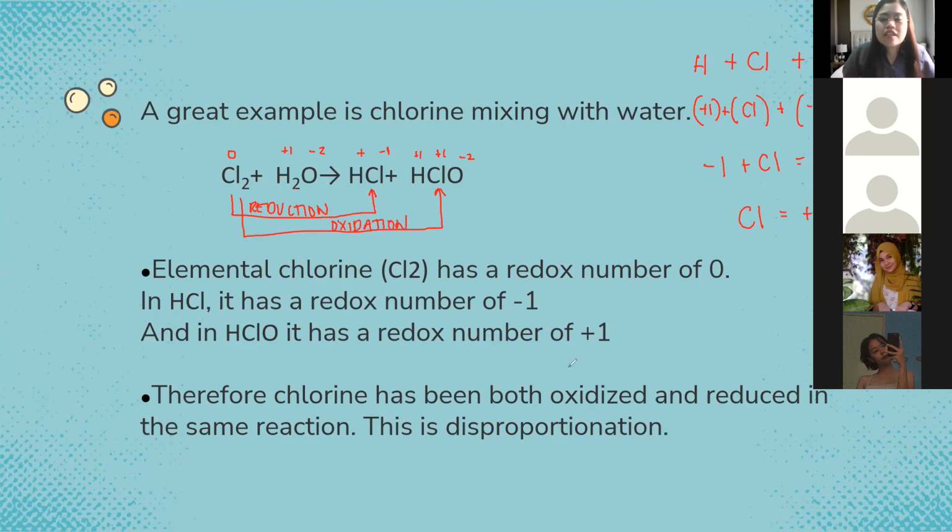So, ito yung sinasabi ko na pag sinabing disproportionation reaction, one element in a single equation is being oxidized at the same time reduced. So, si chlorine lang talaga yung na-oxidize, yung chlorine pa rin yung na-reduce. Ganyan yung disproportionation reaction. Questions about the disproportionation reaction?